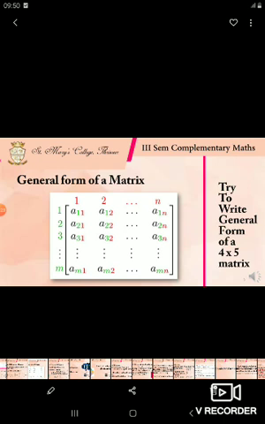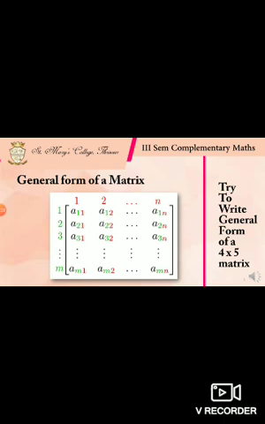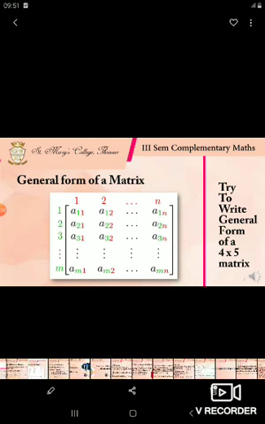Then the columns are denoted by red color. If we are taking a particular element A22, then it is in second row, second column. If I am taking A3n, then that particular position is in third row, nth column. So using this general form of a matrix, the positions can be defined easily.